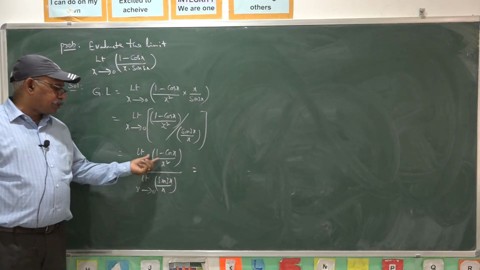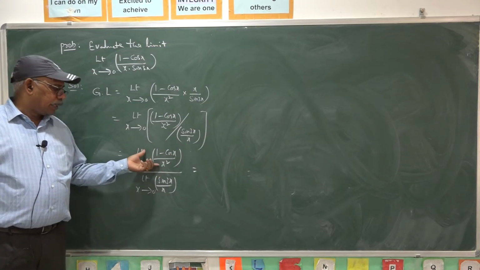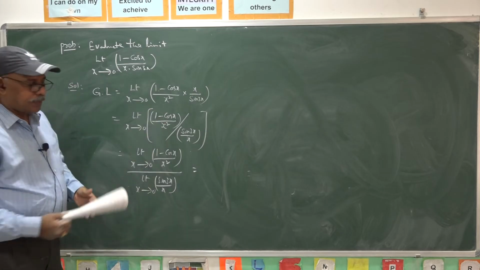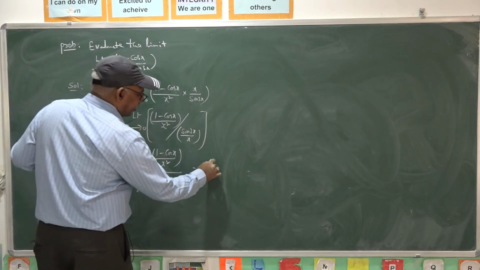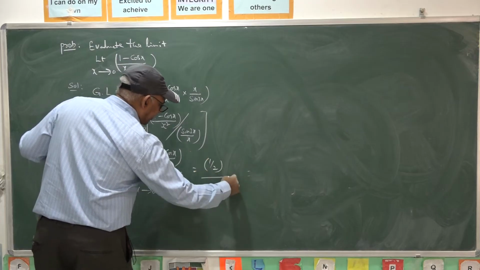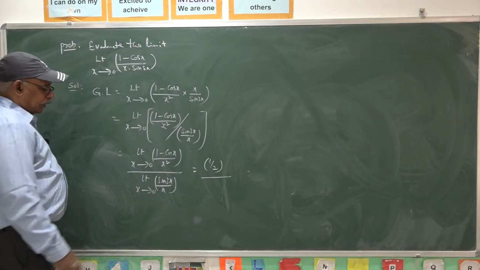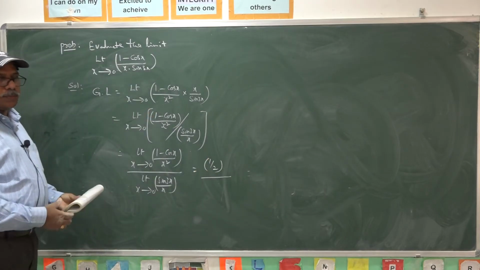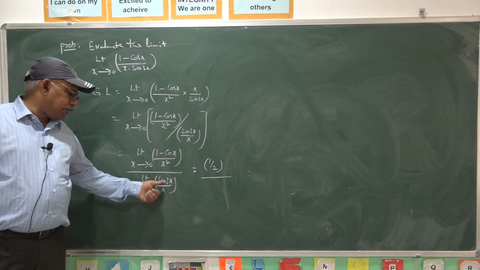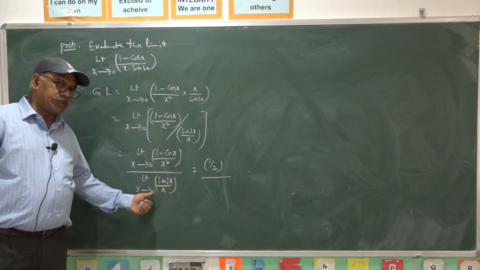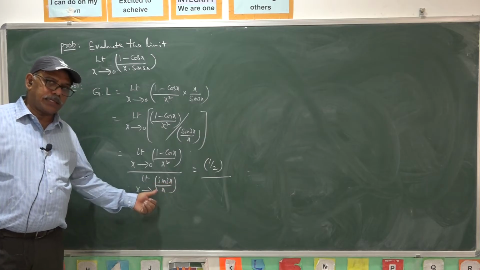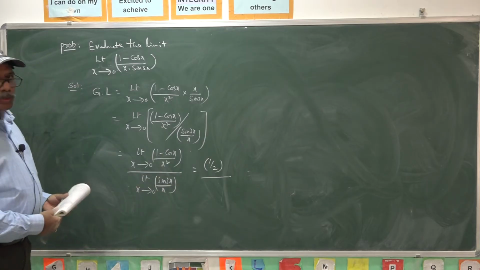Limit as x goes to 0, 1 minus cos x by x square, which is our formula, gives us 1 by 2, the limit of the numerator. The denominator's limit is of the form sin ax by x as x goes to 0, with a equal to 3.